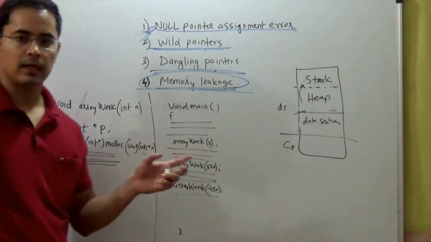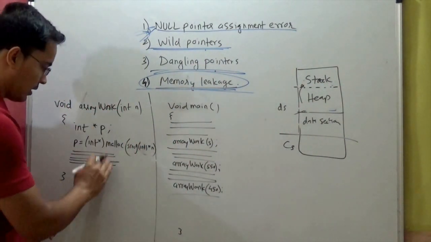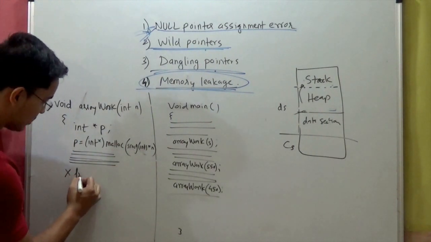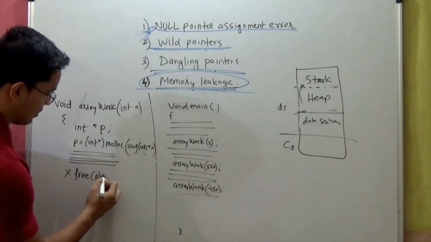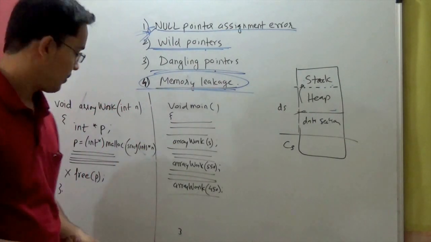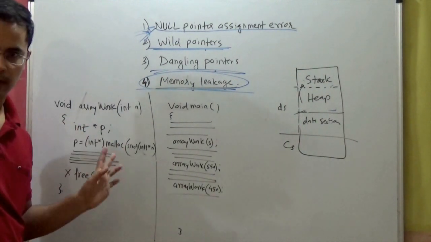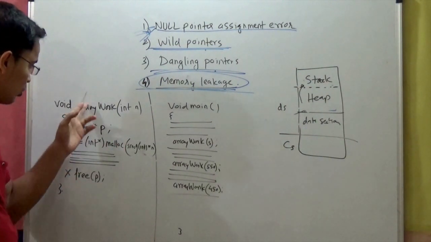Now, the one thing that we did not do here, after we are done with using this dynamic array, is that we forgot to add this line, free. Now, the problem is that this function allocates memory to a local pointer, right? This pointer is local to this function.